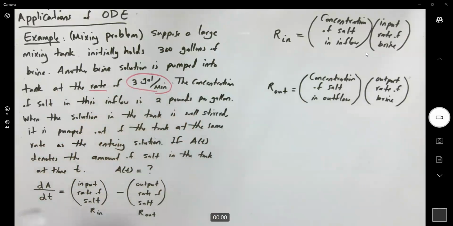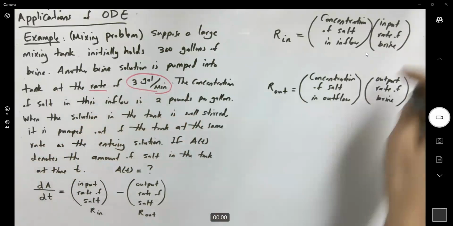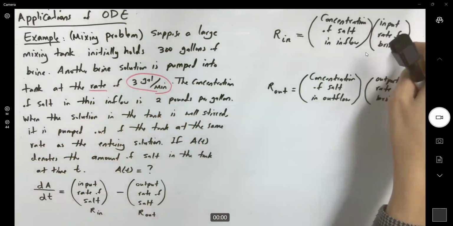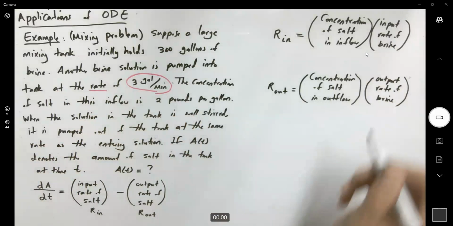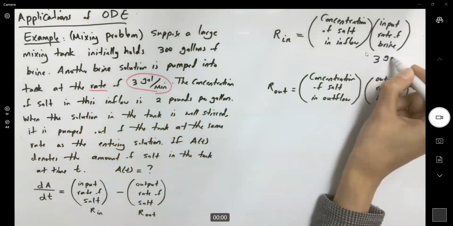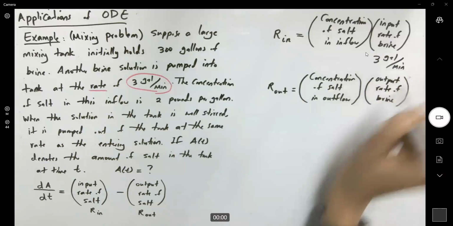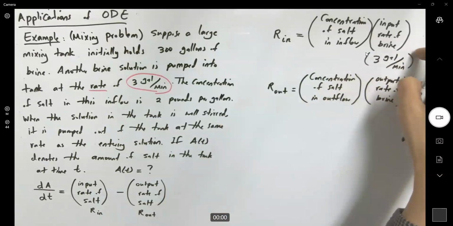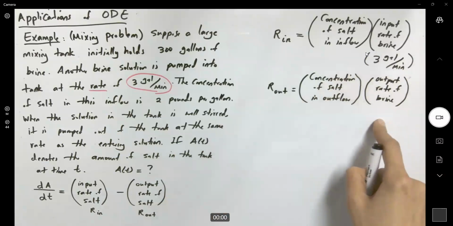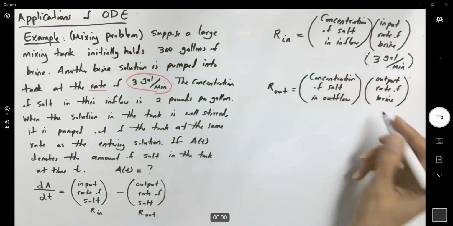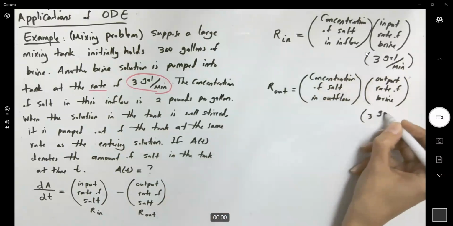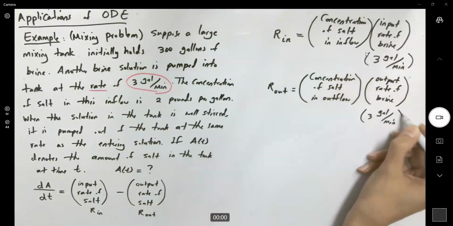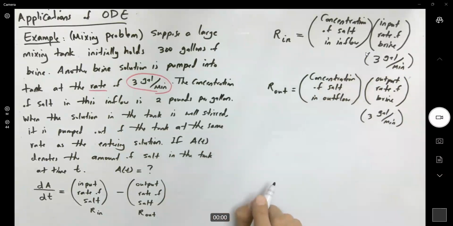So what is this? It is the input rate of brine, 3 gallons per minute. Also, the question says it's going to be the same rate for output rate of brine. So we're going to copy down 3 gallons per minute for the output rate of brine as well.